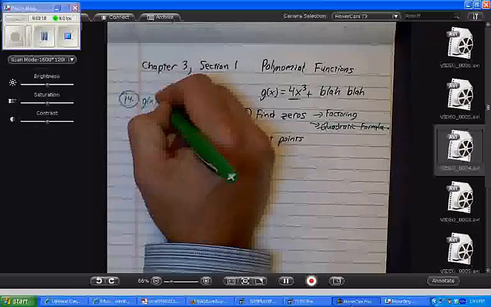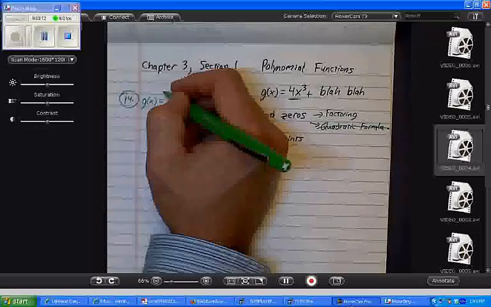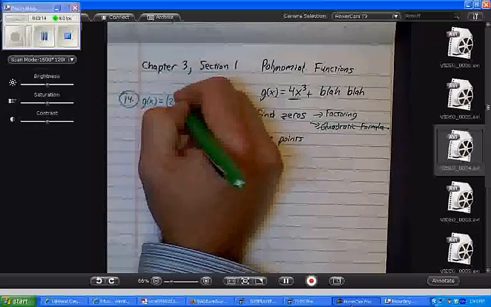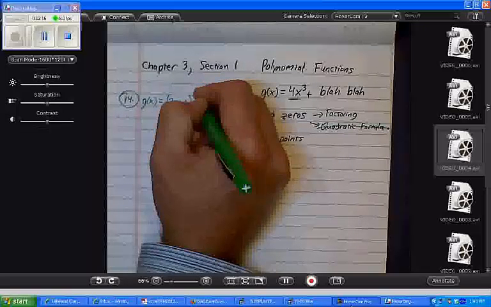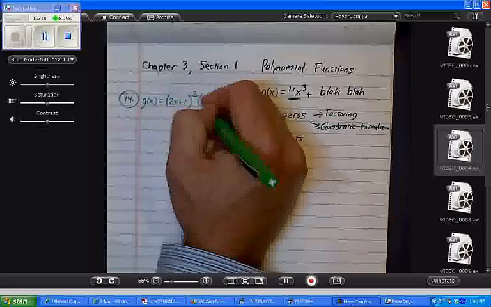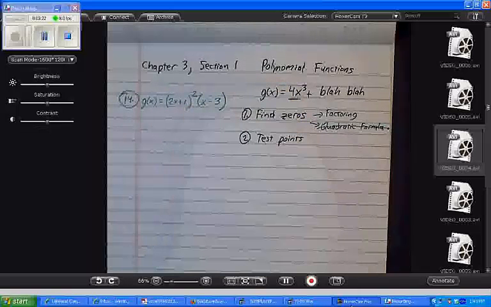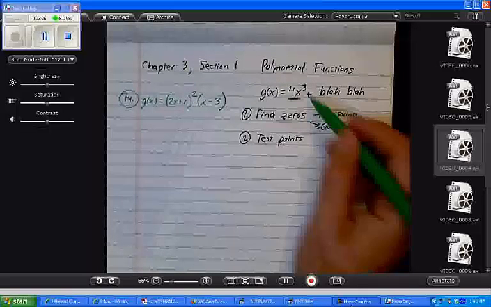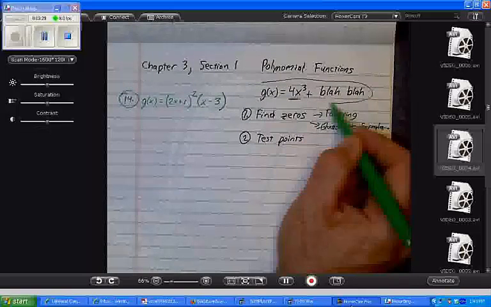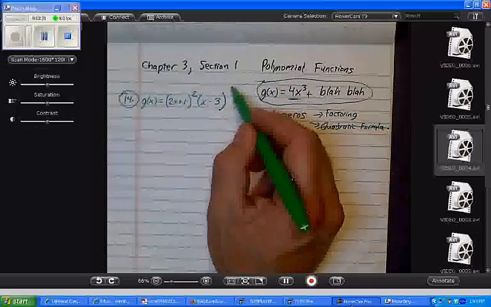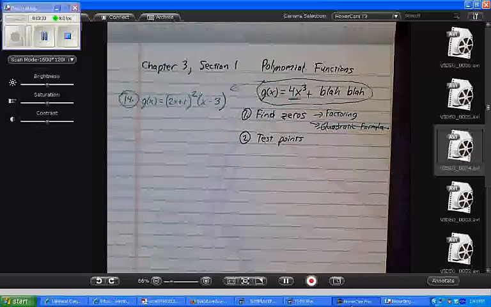G of x equals (2x plus 1) squared times (x minus 3). So they took this function, and they actually did the hard work. They factored it. You guys see that? Okay.